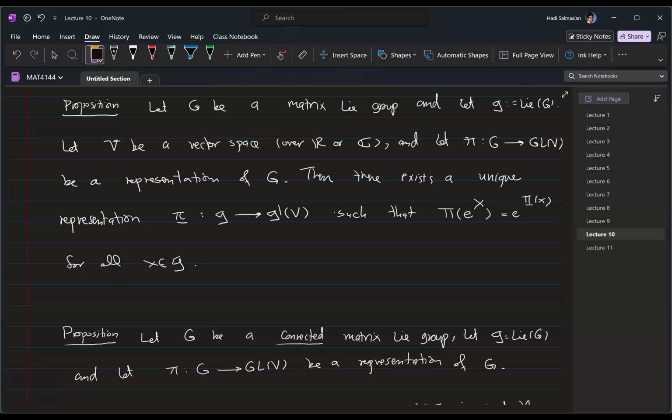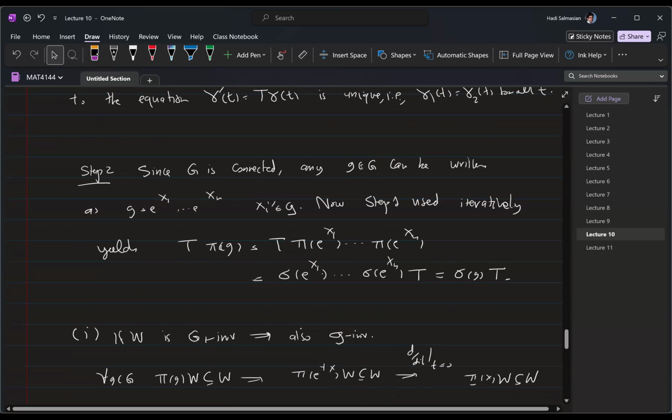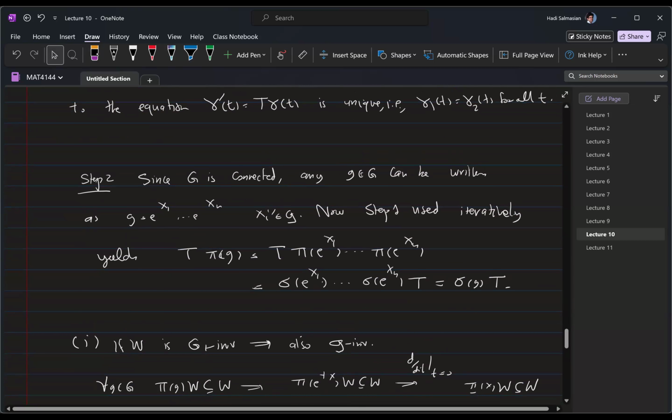And we also learned that if G is connected, irreducibility of pi and of its derivative are the same. Pi is irreducible if and only if its derivative is irreducible. And again, for connected G, isomorphism of representations of G is the same as isomorphism of their corresponding derivative representations.